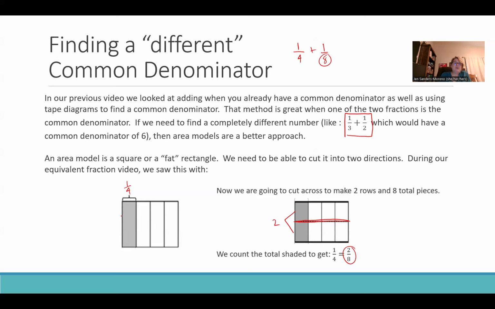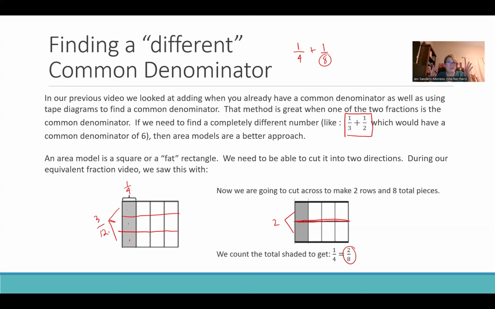If I went over to this one and instead cut it into 3 rows, we'll pretend they're equal rows, this would be the same thing as 3 squares out of 12. So it's a really nice way to make equivalent fractions. You're just basically slicing in one direction and then another.